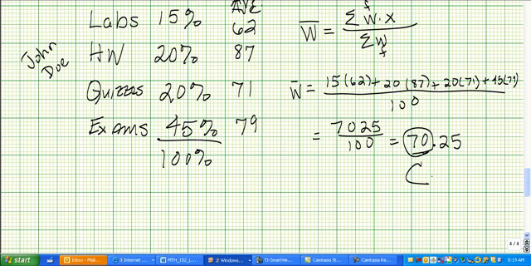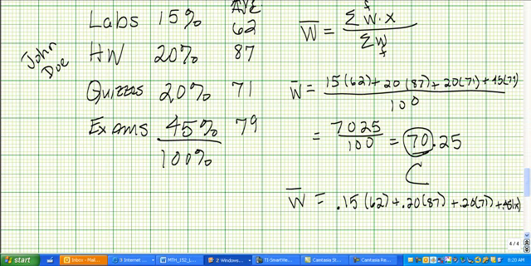I do it a little bit differently when I actually calculate it. It's an alternative way. I take a look at 15 over 100 is 15%, and this will also work. So I do 15% of 62, plus 20% of 87, plus 20% of 71, plus 45% of 79.